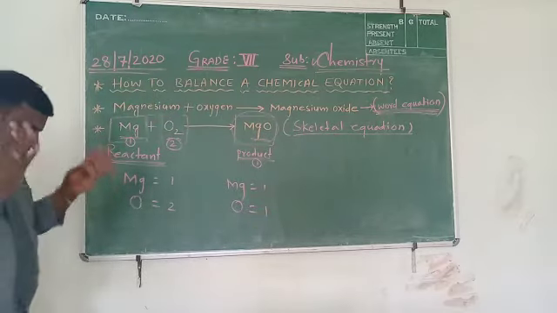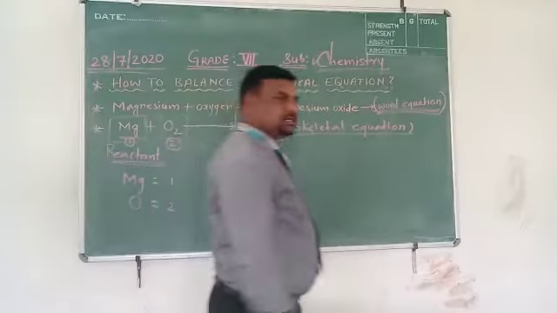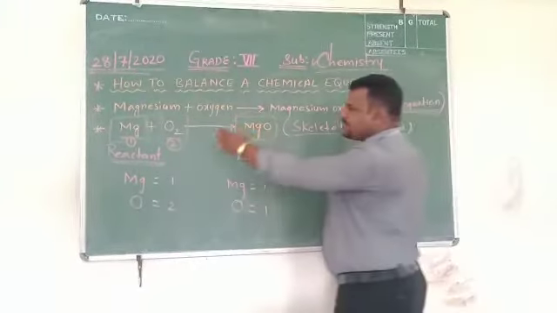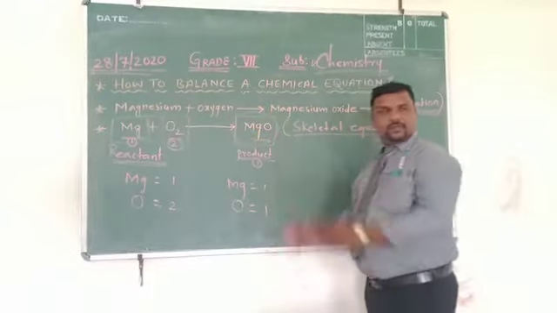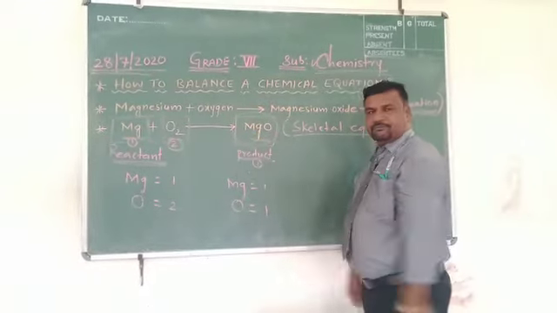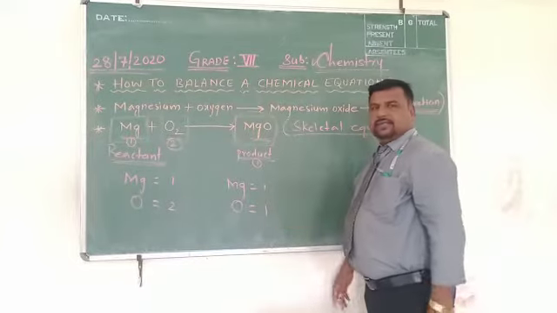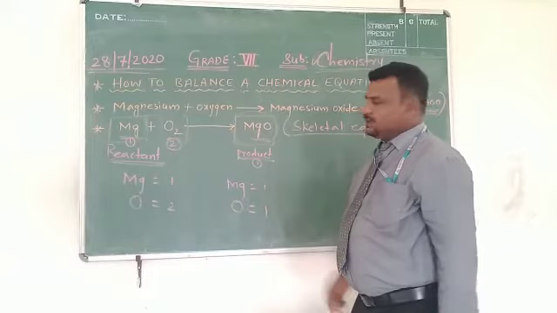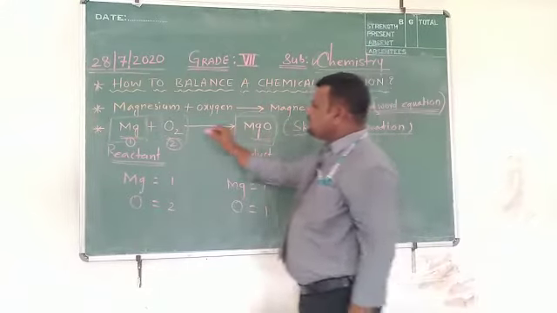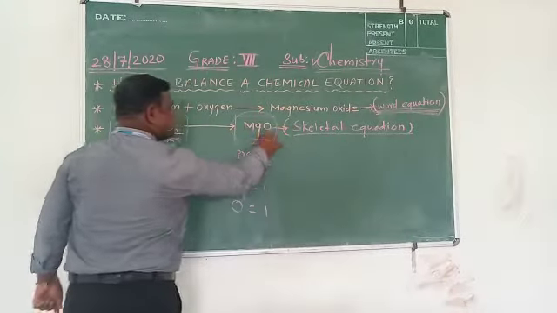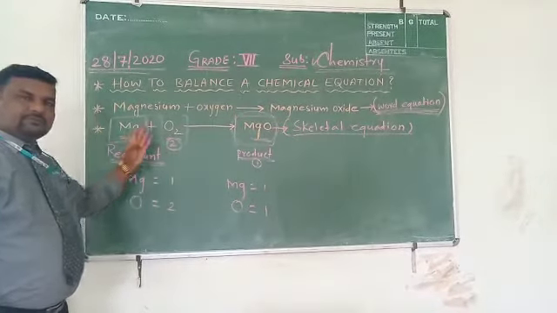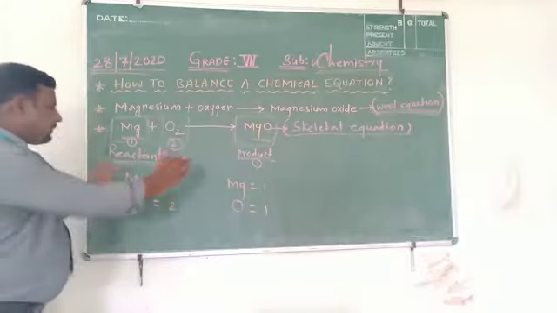We call the given equation a balanced chemical equation if the number of atoms on both sides, reactant side and product side, are equal when we count them in this way. Here we are calling this a skeletal equation because when we count the atoms on the reactant side and product side, they are not matching.